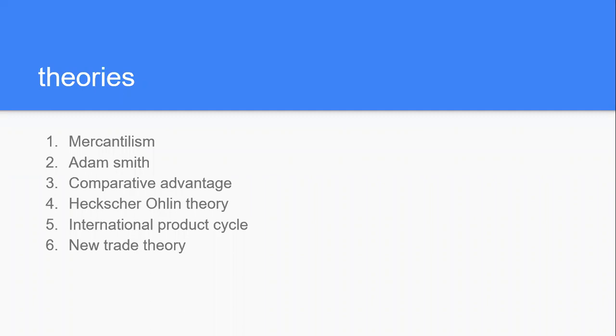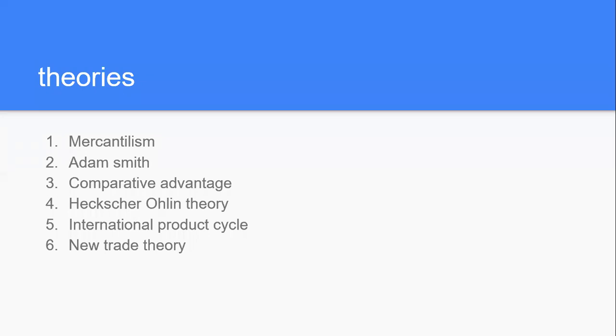It's also said that a country will import goods that would be produced using scarce resources and export those goods that they produce using the abundant resources. Two main factors of production are considered here: capital and labor.